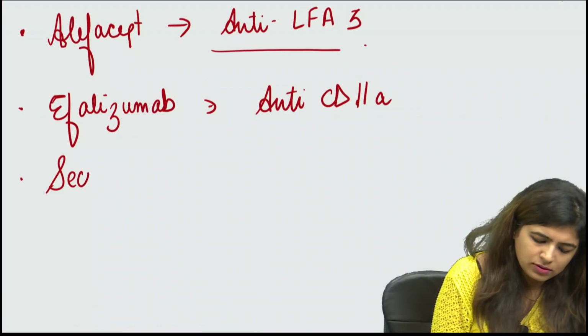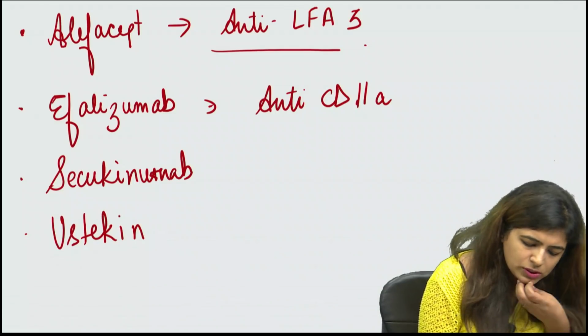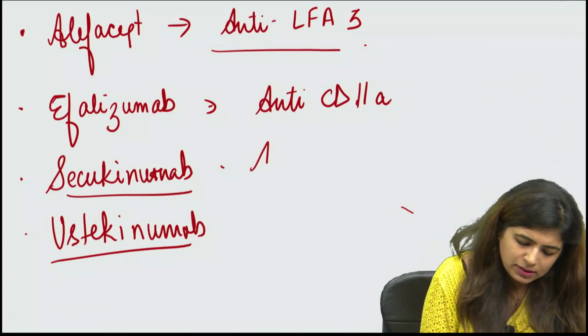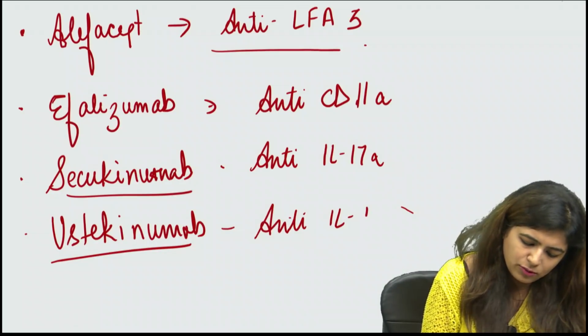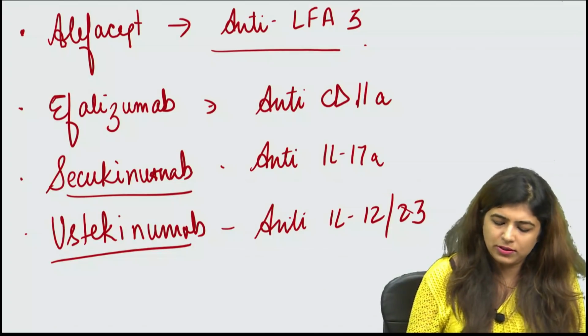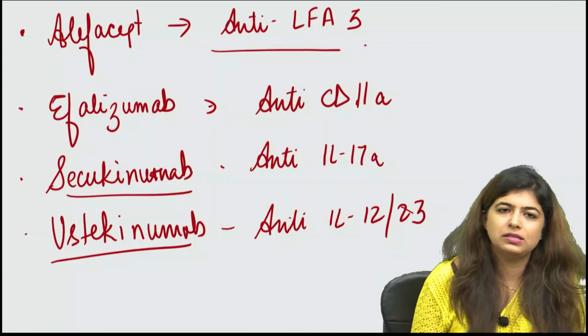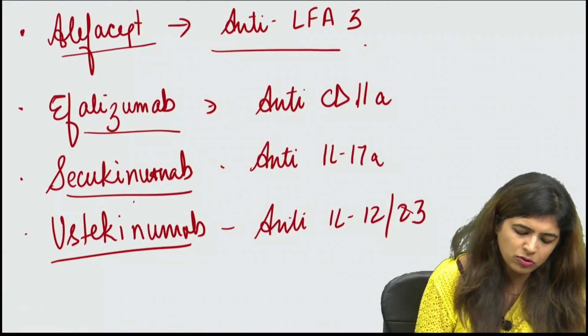Then you have secukinumab, ustekinumab. Secukinumab is anti-interleukin 17A, while ustekinumab is anti-interleukin 12-23. So these are all important drugs that you need to know about psoriasis or psoriatic arthritis. Alefacept, efalizumab, secukinumab, ustekinumab.